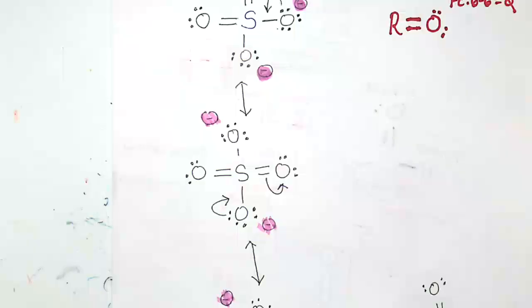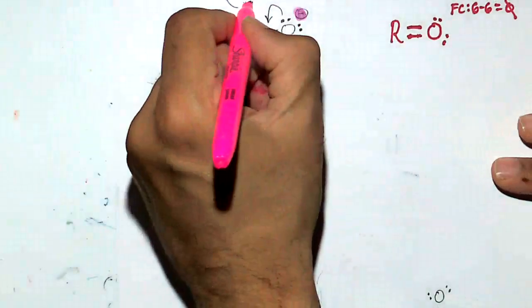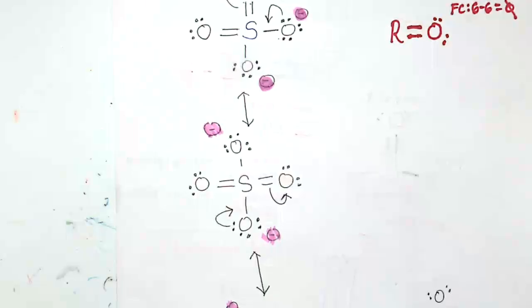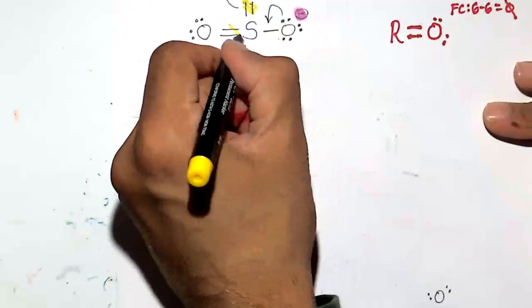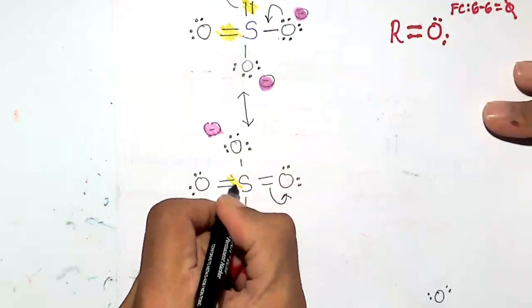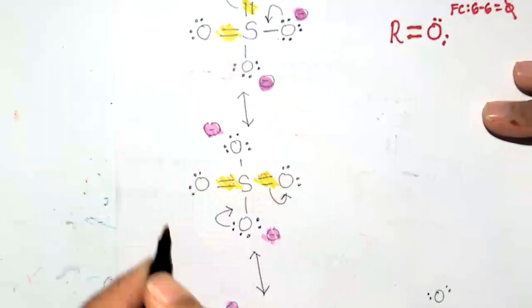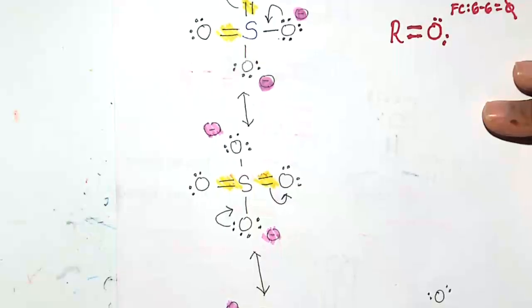Okay, can you think of any other resonance structures? Okay, I have the double bond here and here. I have it here and here. Okay, I have it here and here.